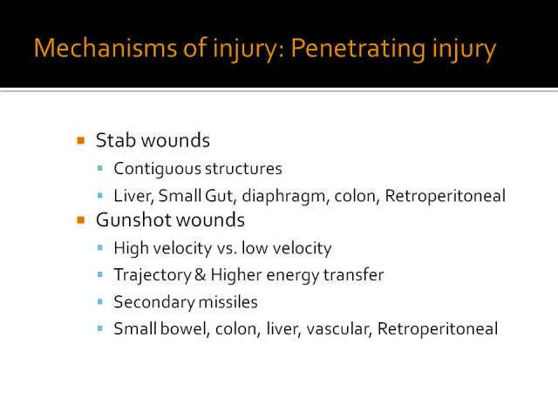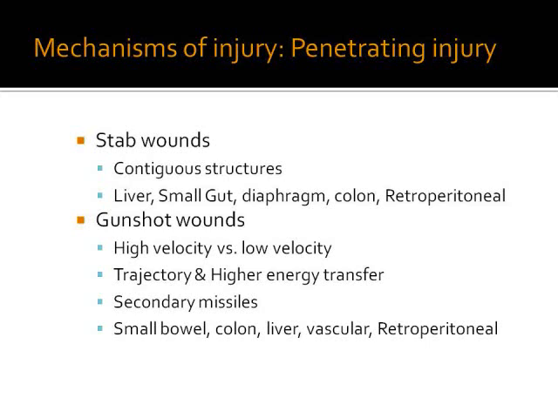And in gunshot wounds, it depends on whether they are high velocity or low velocity injuries, and the trajectory will be different from stab wounds in that it's variable. What causes injury is the transfer of energy from the bullet, and sometimes, especially for high velocity injuries, structures can be injured far from the track of injury.